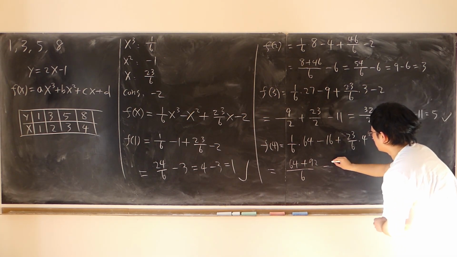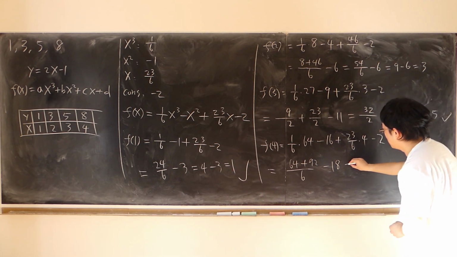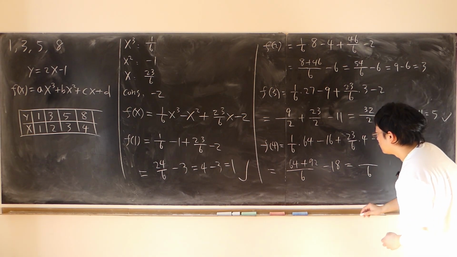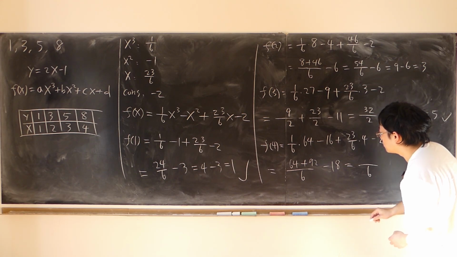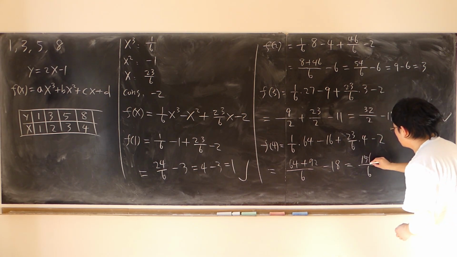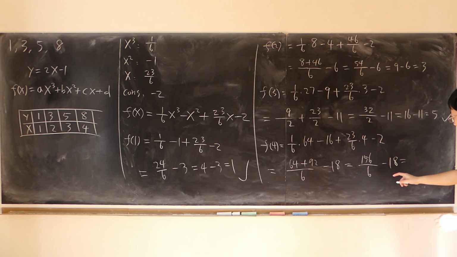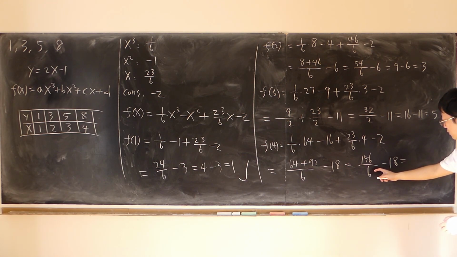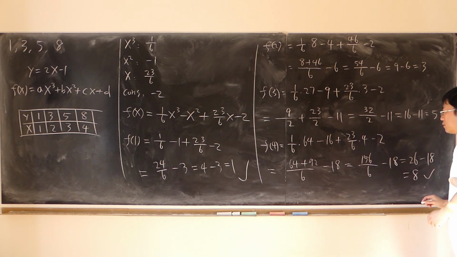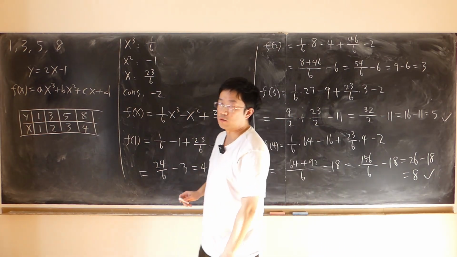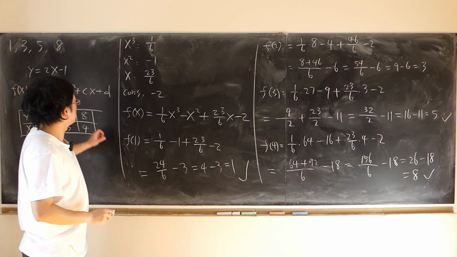Integers, negative 18. So 156 over 6, 26, minus 18. Yes, really 8. So this really justifies it perfectly.